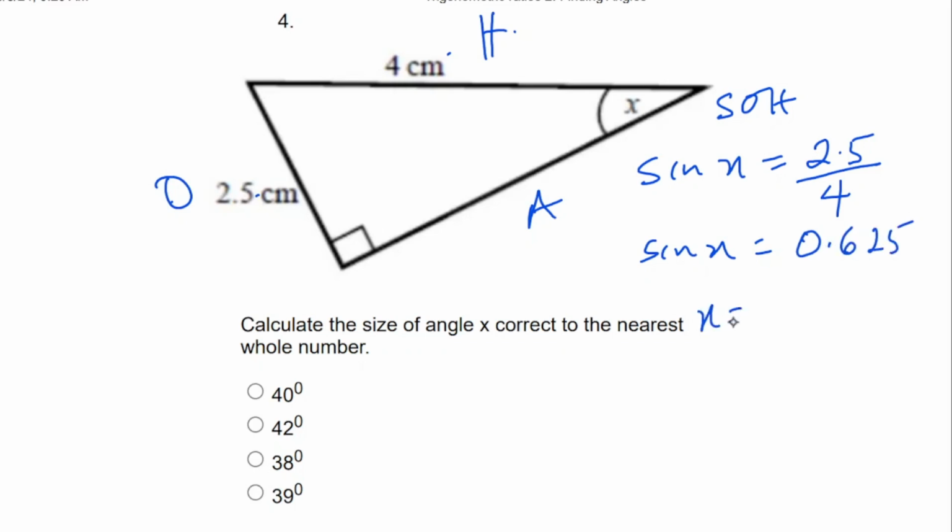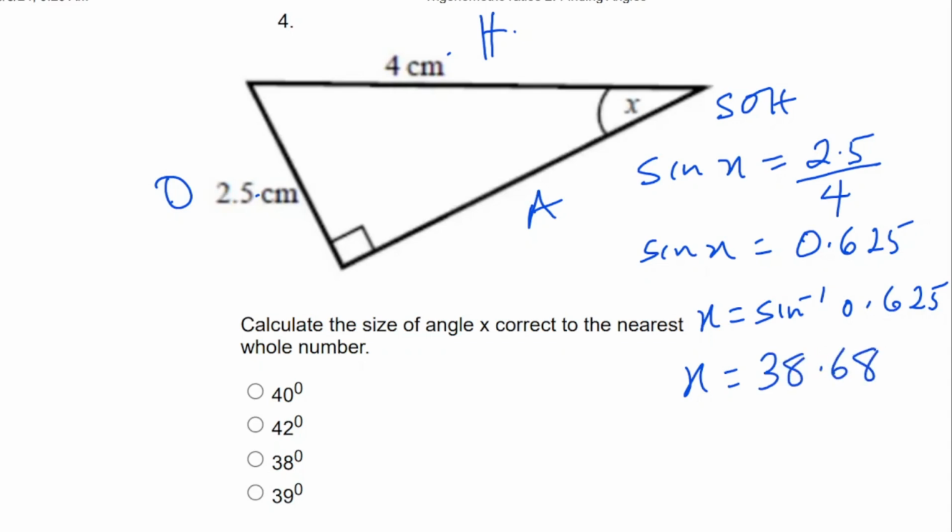That means x equals arcsine 0.625. So we then find it using a calculator. We press our second function, and that gives us 38.68.